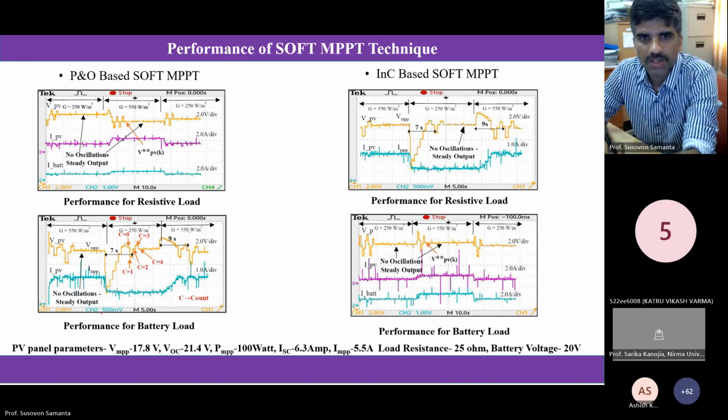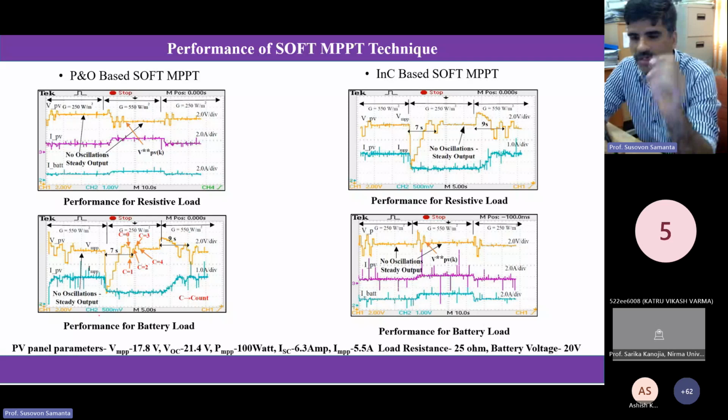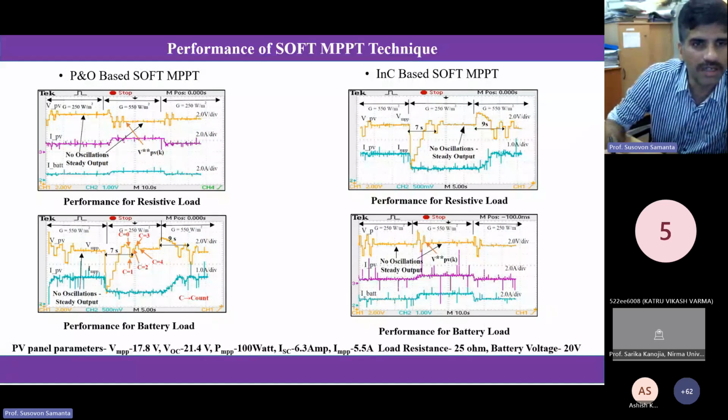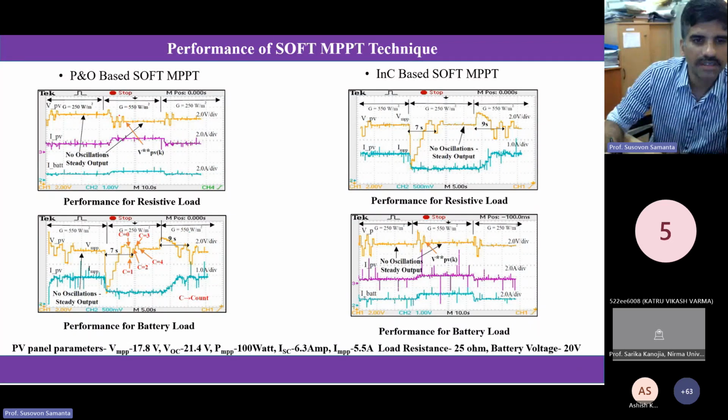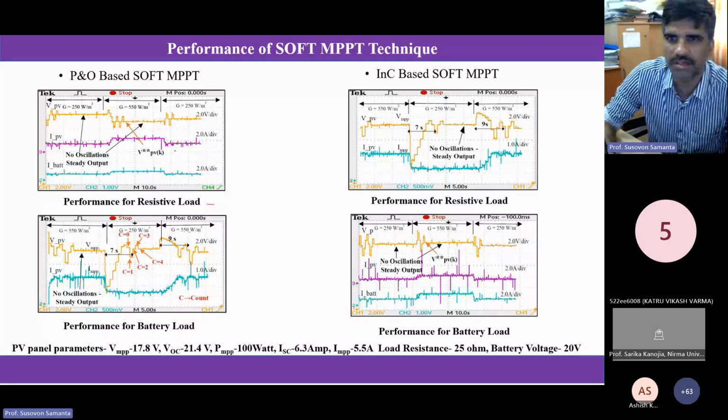So this is the experimental results that we have. So if you see, it is very easy to understand from here that okay, this is for resistive load and this is for battery load. So we can at least understand one.